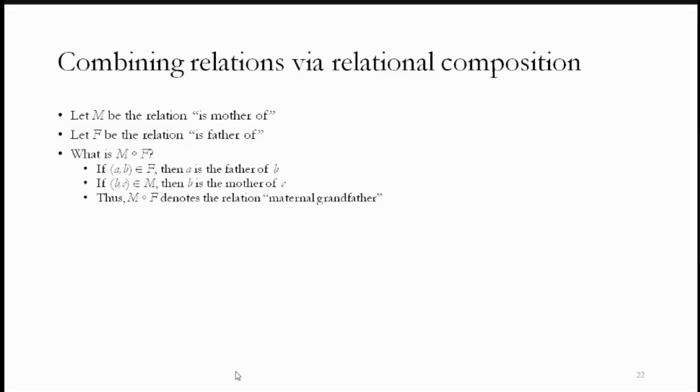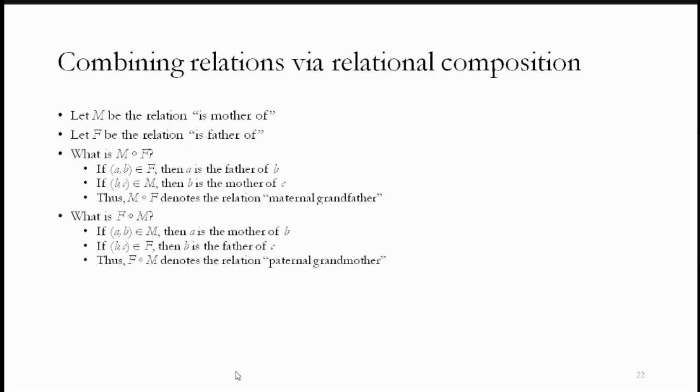In the same way, what is the composite relation of mother and father? If (A, B) belongs to M, then A is the mother of B. If (B, C) belongs to F, then B is the father of C. Then the composite relation between M and F is the relation of paternal grandmother.